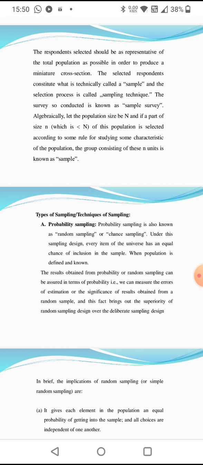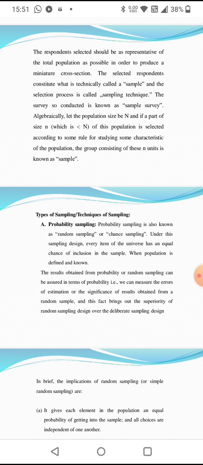The results obtained from probability or random sampling can be assured in terms of probability. That is, we can measure the errors of estimation or the significance of results obtained from a random sample. This fact brings out the superiority of random sampling design over deliberate sampling design.